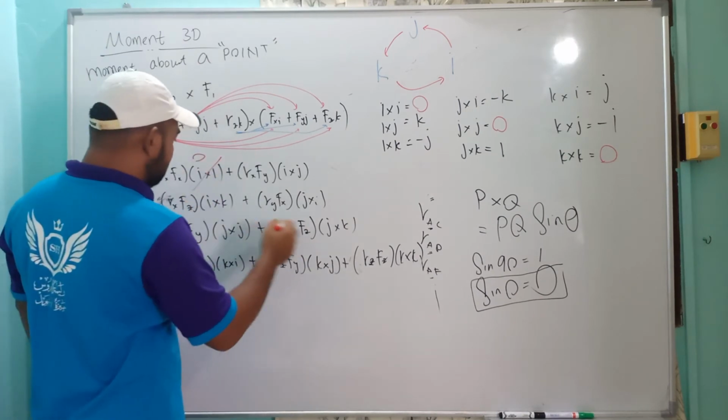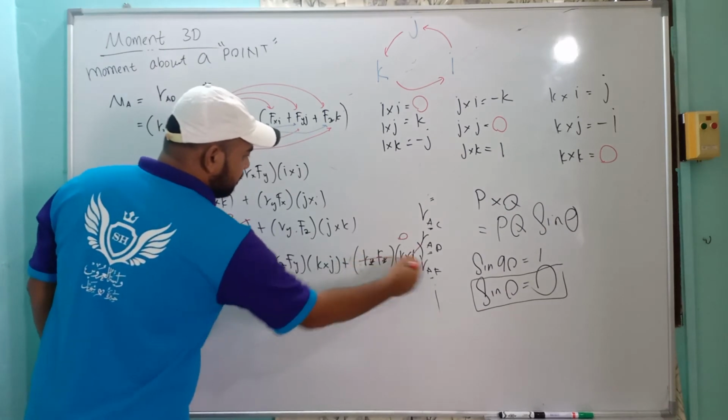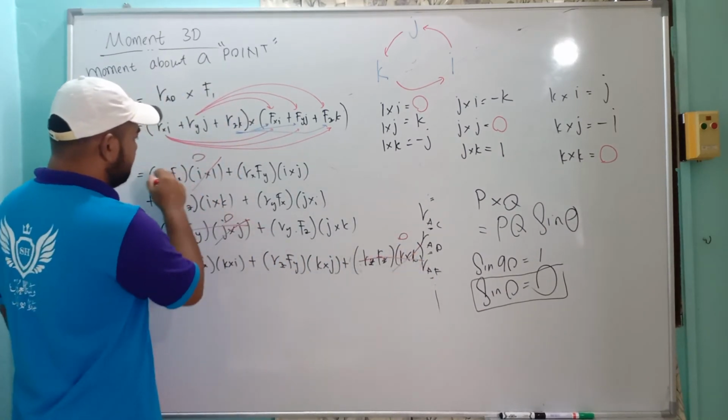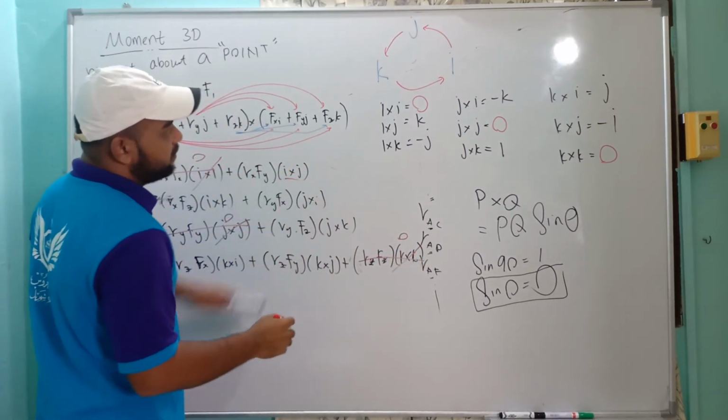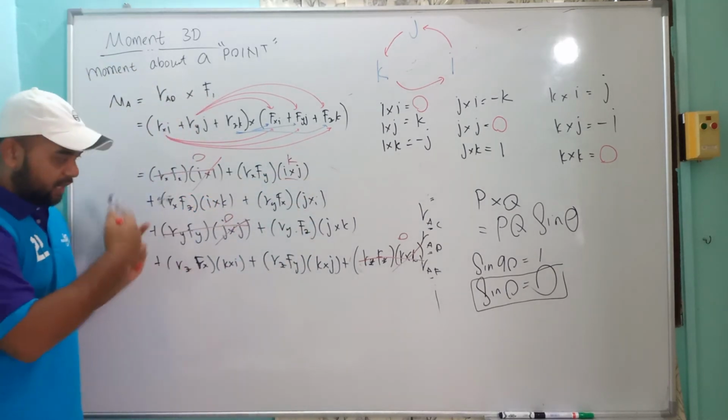This one is 0, J cross J is 0, K cross K equals 0. So the whole thing here will be 0, 0, and 0, and then this one you transfer. For example, this one IJ will be K, and so on.